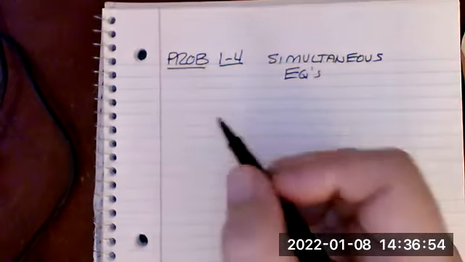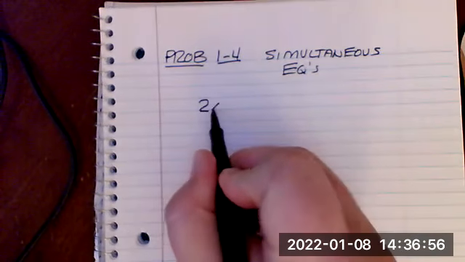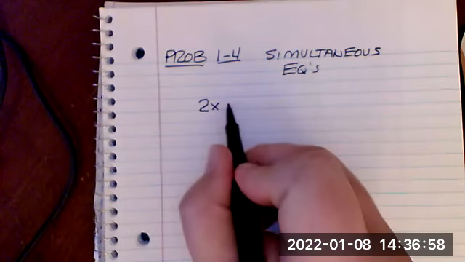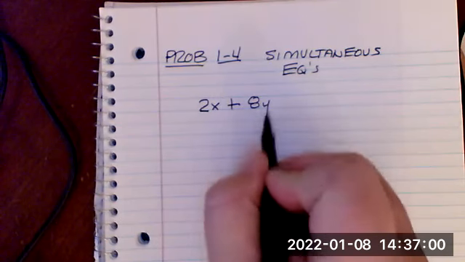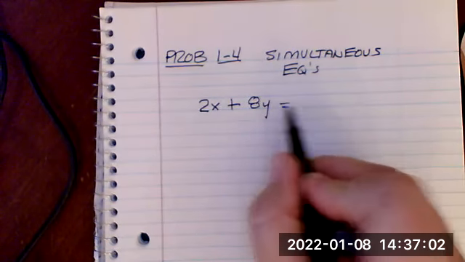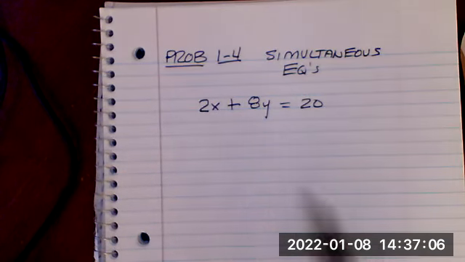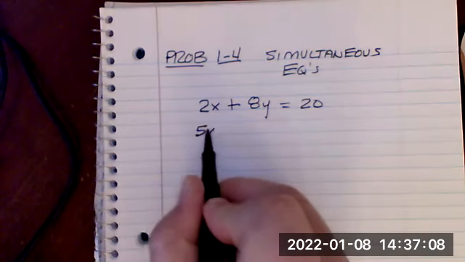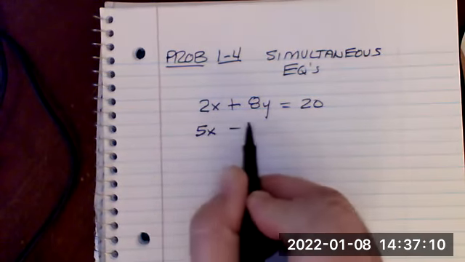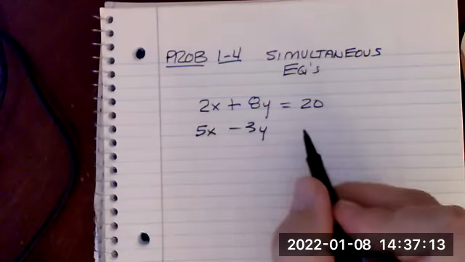Okay, simultaneous equations. And the two equations we have are 2x plus 8y equals 20. That's our first equation. And our second equation, we have 5x minus 3y equals 10.